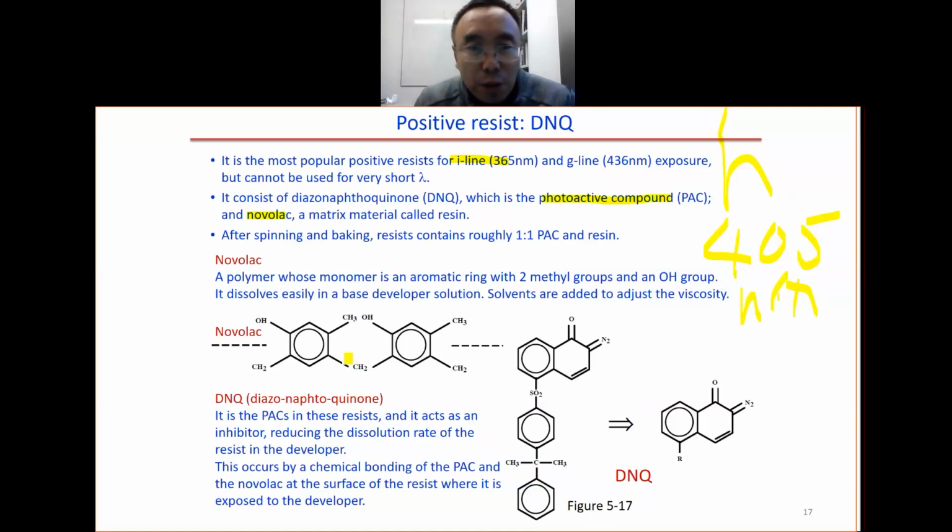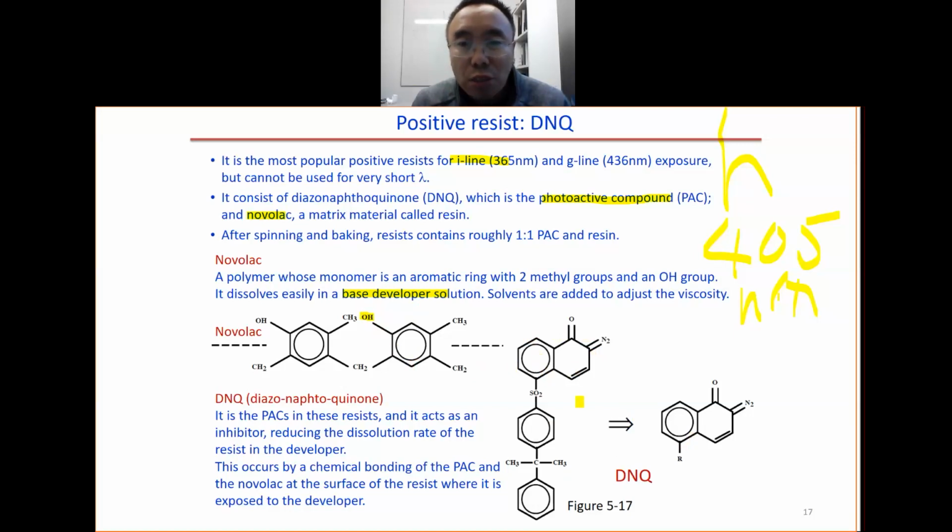So you can see that for this polymer, we have a lot of hydroxy groups. So this one in solution will release protons, like an acid. So this material, Novolac, is soluble in the base developer. It is soluble in the base, like TMAH or sodium hydroxide. But this other material is not soluble in the base developer.